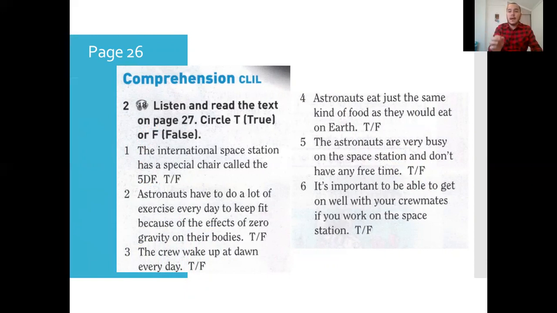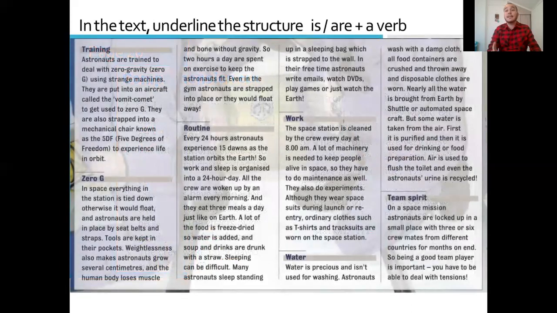But please do it. After that, and this is the last activity for this week, in the same text, you are going to not underline, you are going to circle the following structure: is or are plus a verb.